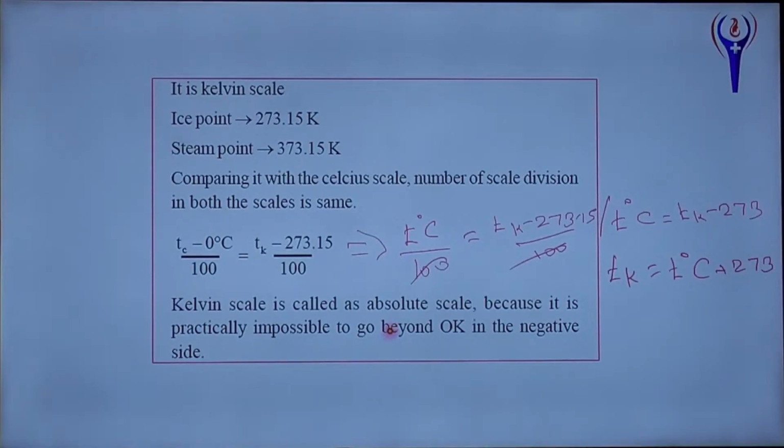No negative Kelvin. 0 Kelvin itself is extremely cold. Beyond or less than 0 Kelvin, so far not achieved. Okay. So that's why we are calling Kelvin scale the absolute scale or absolute temperature, because 0 Kelvin is the minimum, the least. Okay.